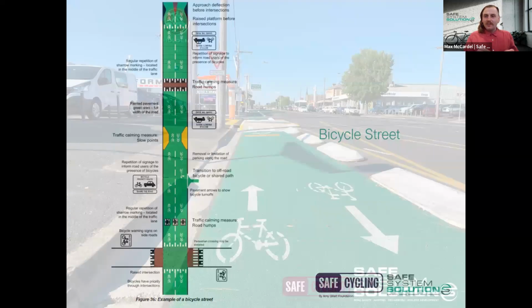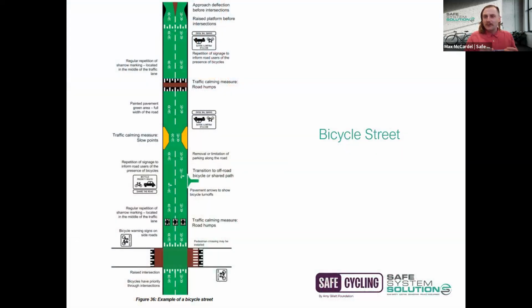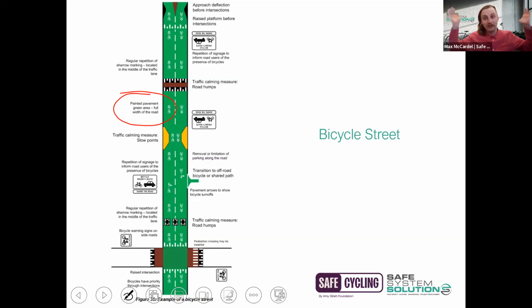Another question that I got there was regarding bicycle streets. This is one that was taken out of a Victorian guidelines document. And I think it is a little bit confusing because it is suggesting that the painted pavement is green the whole way through. I haven't actually seen an example where from curb to curb, it's all green.